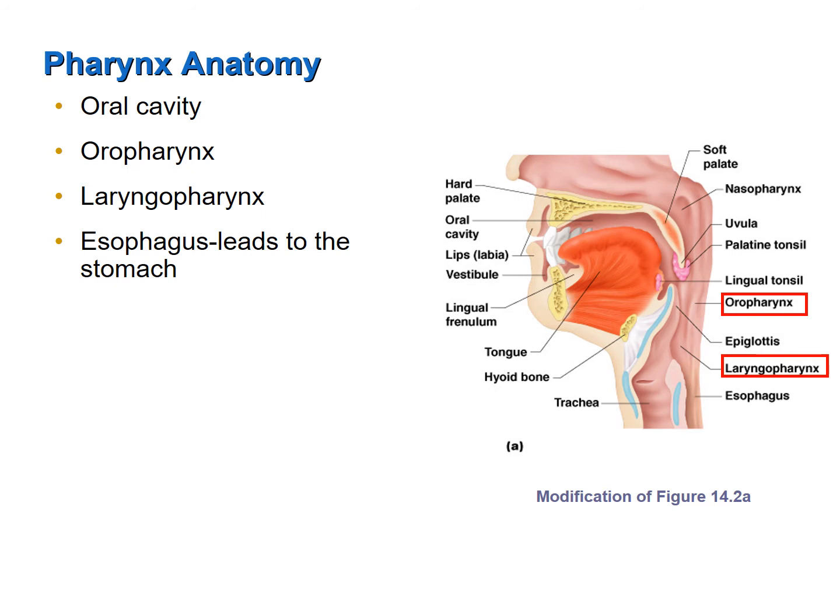So during deglutition or swallowing, food passes from the oral cavity into the oropharynx, then into the laryngopharynx, and finally into the esophagus, which leads to the stomach.